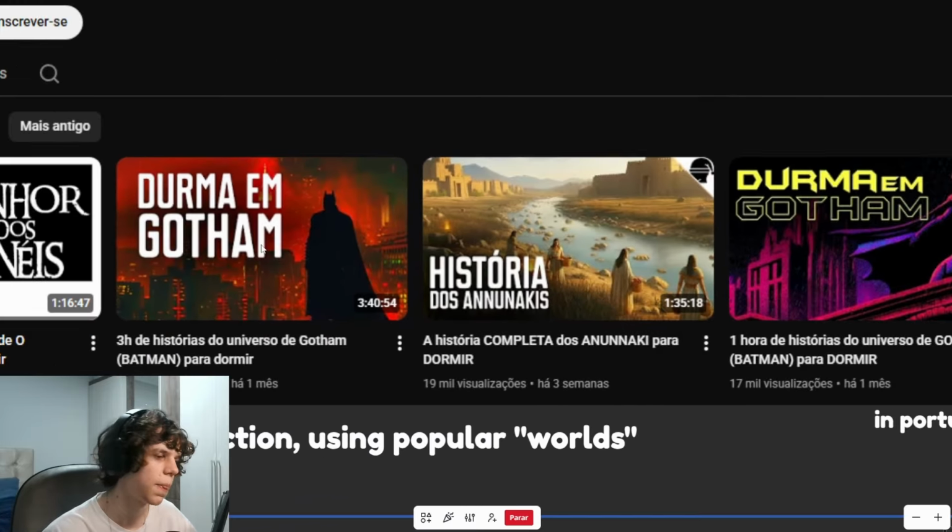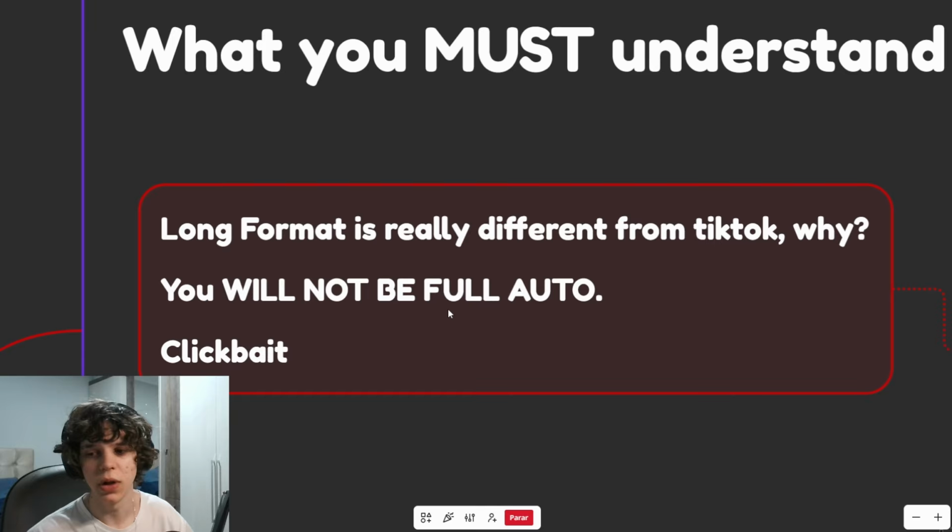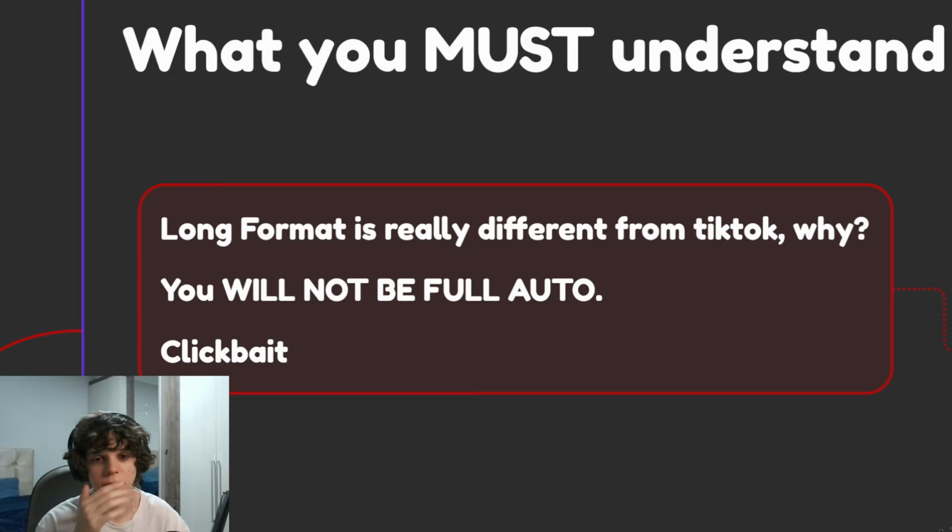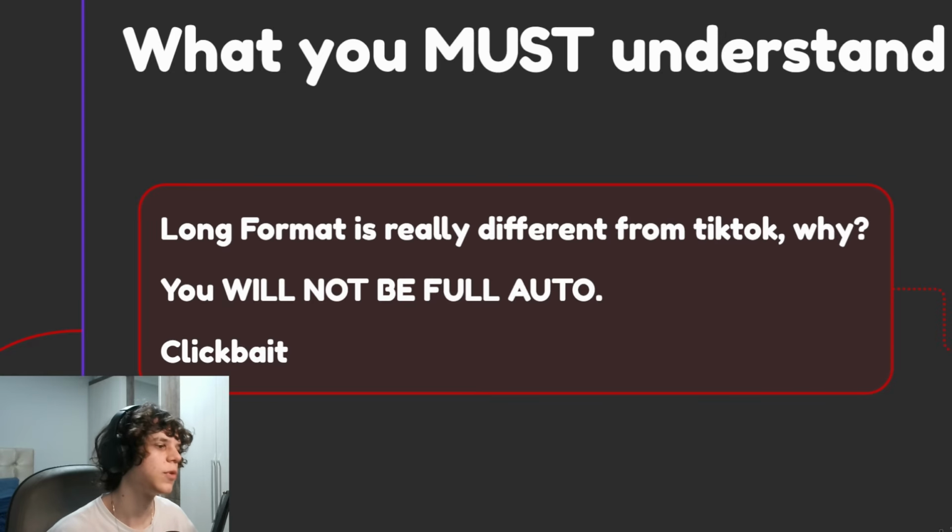So once you understand that, you can get it going, okay? So it will not be on full auto. That's the sad part, but it's not a lot of job. It's not a lot of work. Once you do the easy part, it's easy to continue doing it until you start getting money, okay?